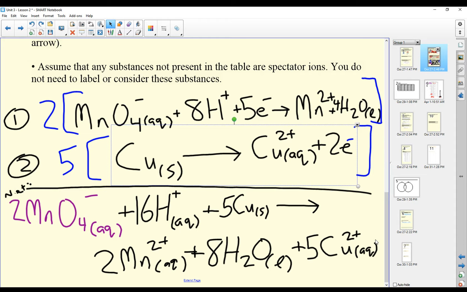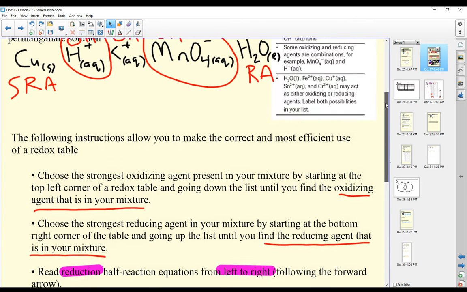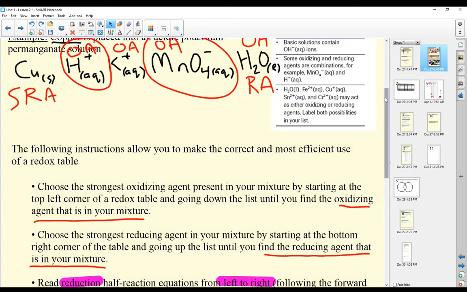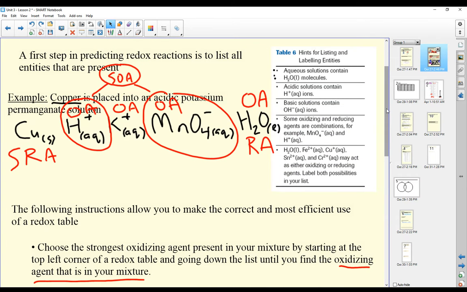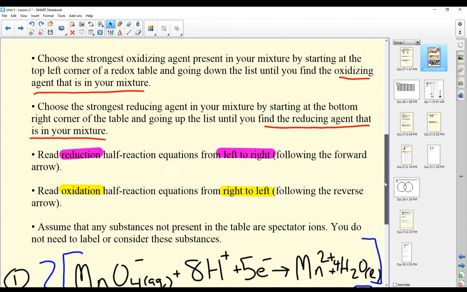This is reaction 2 here, as I pointed out, is undergoing reduction or oxidation. It's undergoing oxidation. Cu is a reducing agent. It is our strongest reducing agent, and it wants to undergo oxidation, is what that means.